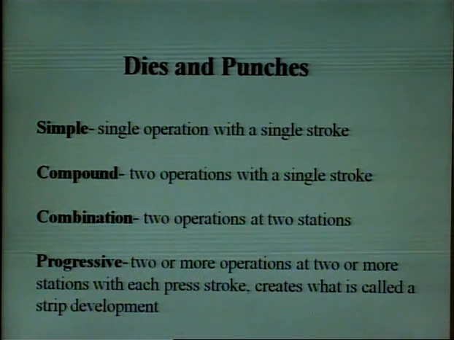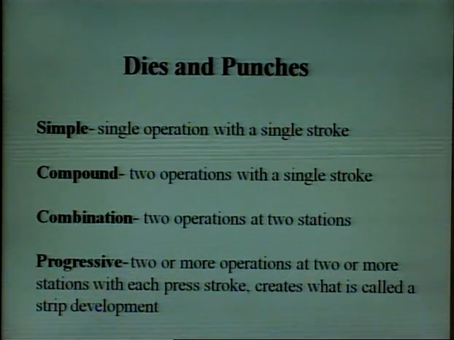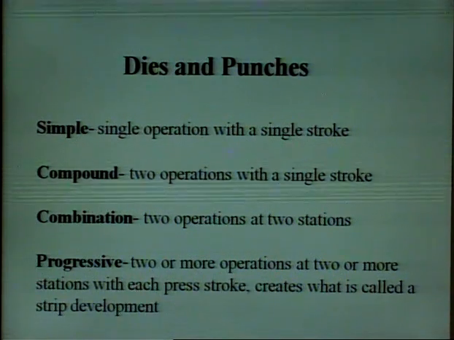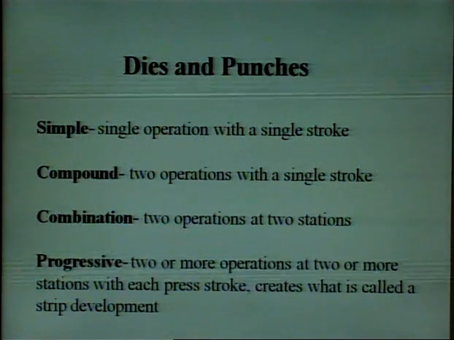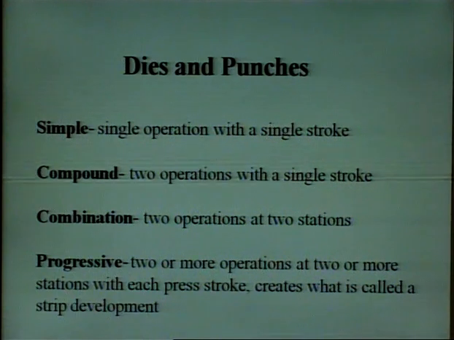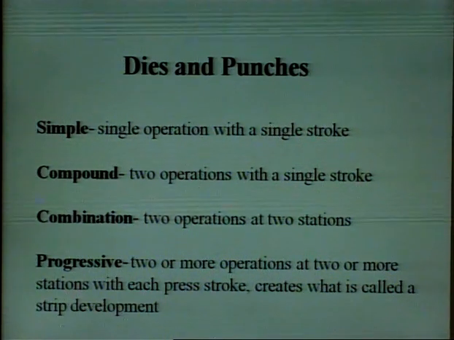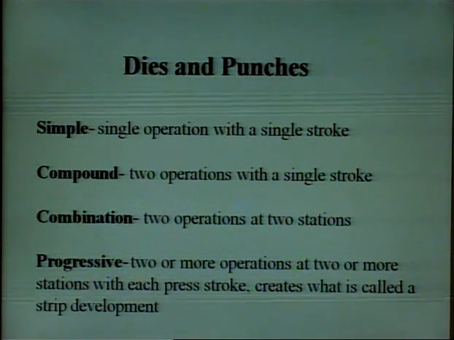Depending upon the press capacity and the forces required for making that operation, we should always try to complete many operations in a single stroke to save the time, to save the tooling also. So, you have compound dies where two operations with a single stroke are done.